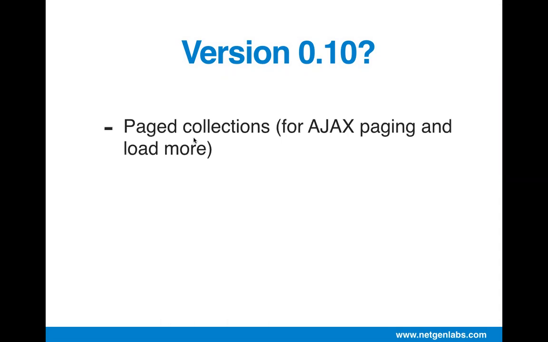One thing that is very much needed in many projects is page collections. This means that you will be able to implement Ajax paging and load more and similar stuff much easier. This feature does bring a breaking change in the way offset and limit work.